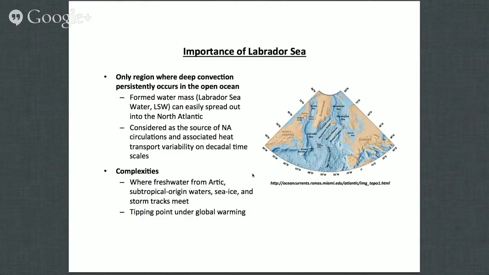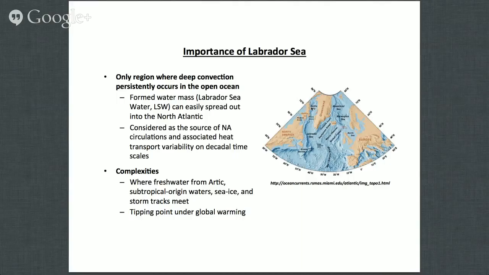And let me first highlight the Labrador Sea in terms of ocean circulation and climate. Lab Sea is perhaps the only region in the world where oceanic deep convection persistently occurs in the open ocean. So, can you see my arrow? Yes. Okay.